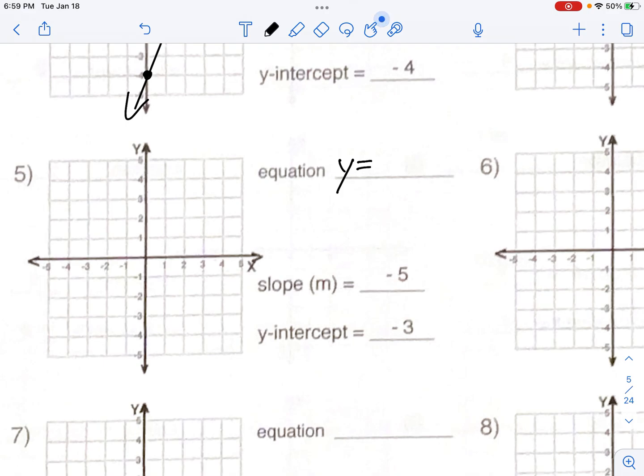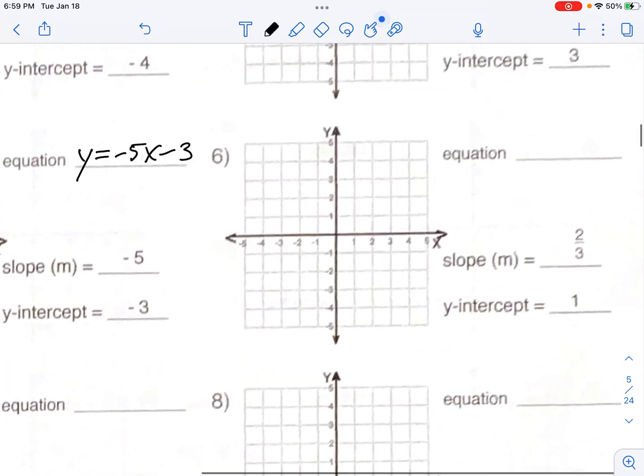So slope goes in front of the x, y-intercept goes behind. So plotted at negative 3. Obviously, you cannot go down 5 and right 1, so we need to go up 5, left 1, which would be right there. And then draw your line, like so.